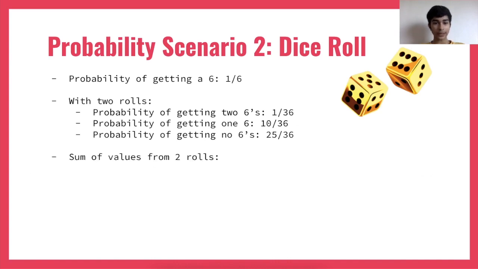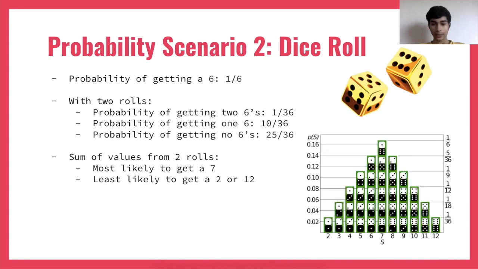The sum of values from 2 rolls: if you roll 2 dice and you add the numbers that show up, you're most likely going to get a 7 and least likely going to get a 2 or a 12. Take a look at the diagram shown on the right.